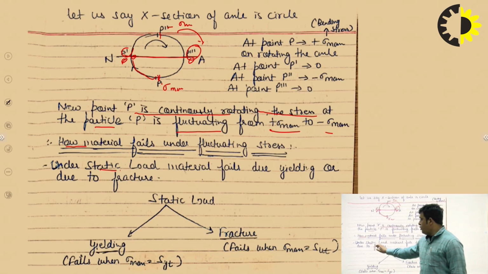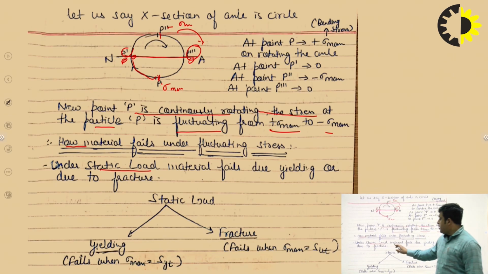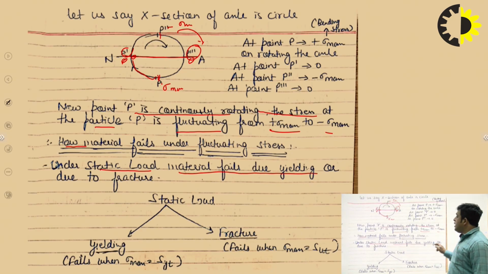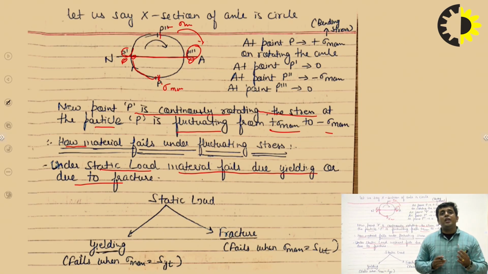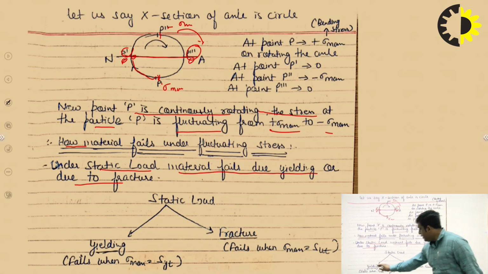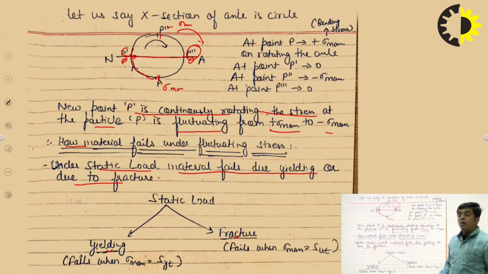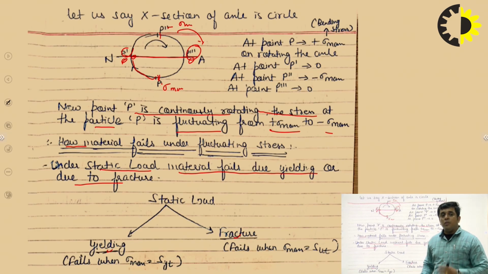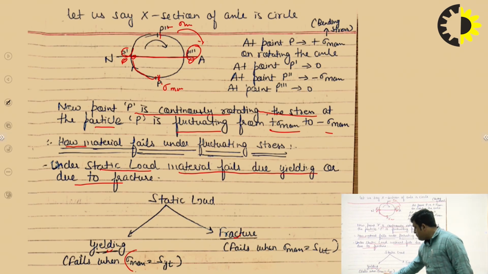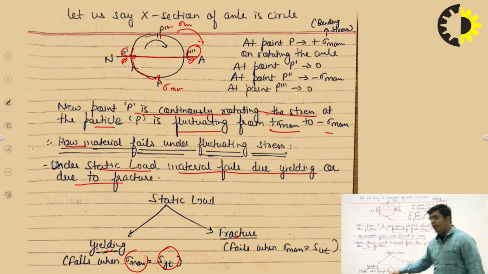Under static load, material fails due to yielding or due to fracture. I mention it here: yielding and fracture. Whenever we talk about yielding, sigma maximum is SYT, the material failing due to yield strength in tension.